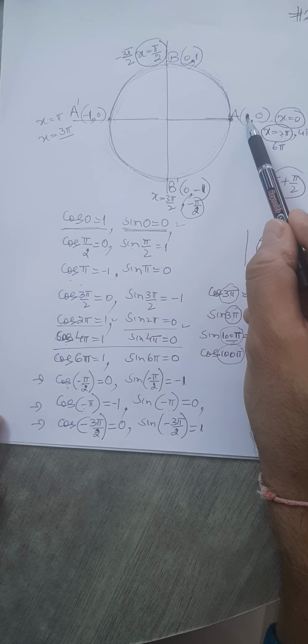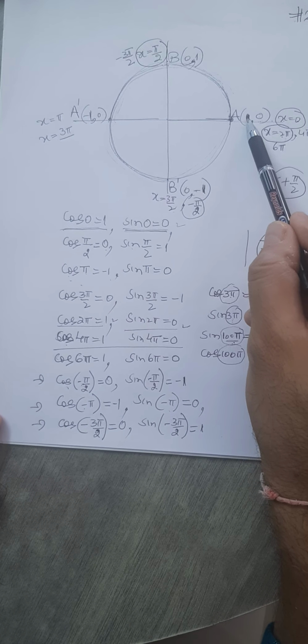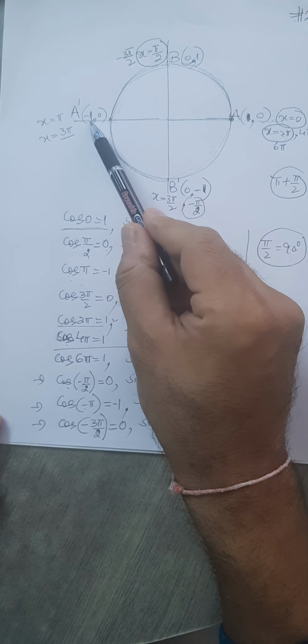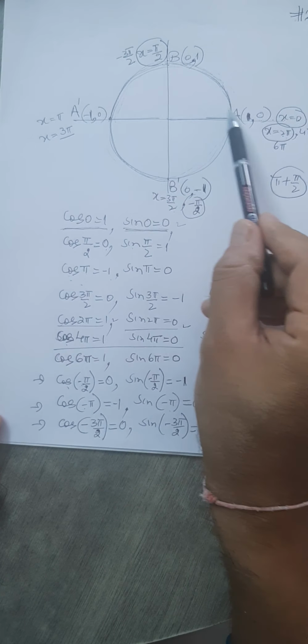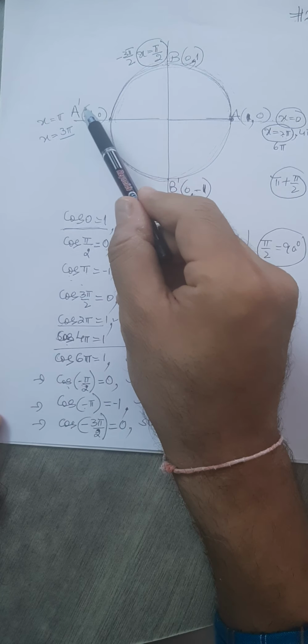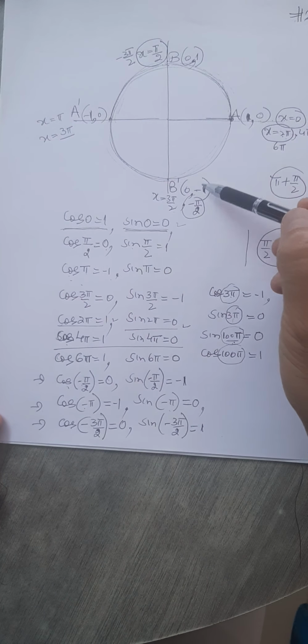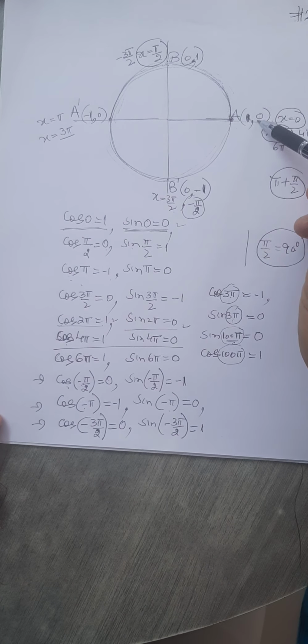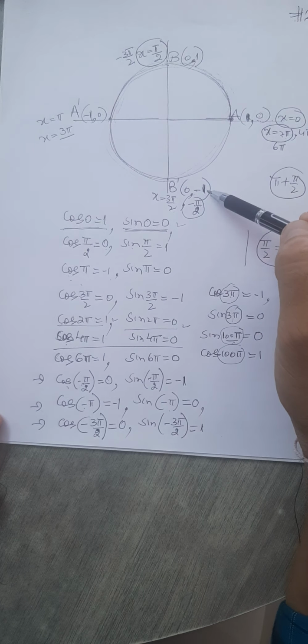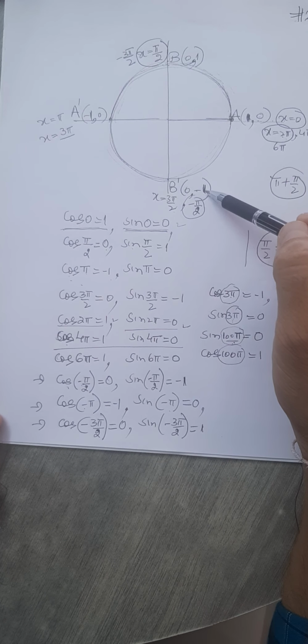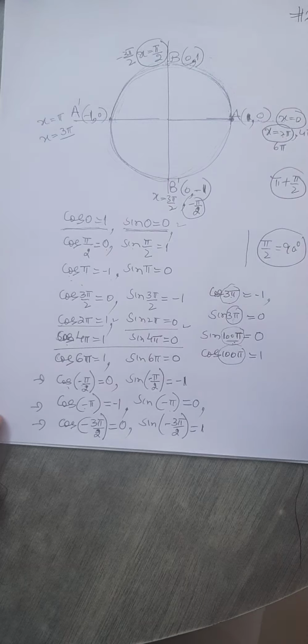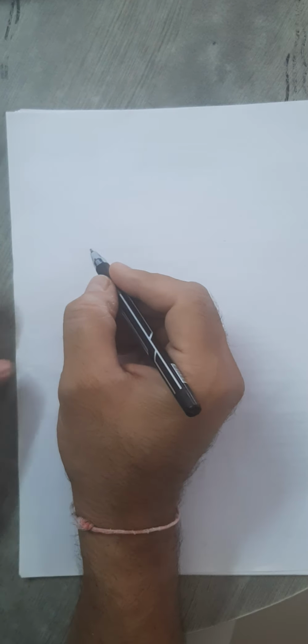So the first coordinate is maximum 1, minimum -1. The values are always from -1 to 1, of which function? Cos function. Second coordinate minimum -1, 0, 1, 0. That means sine function takes values from -1 to 1. So this I'll write as the range of these two functions. You have studied range of linear functions and so on in the function chapter.